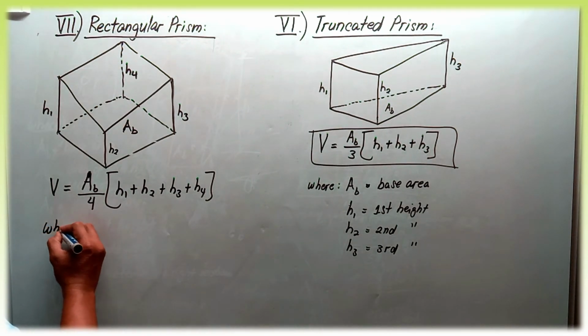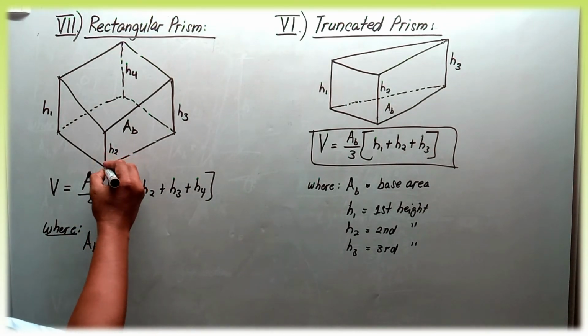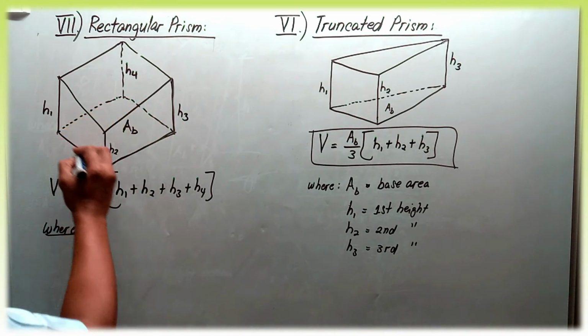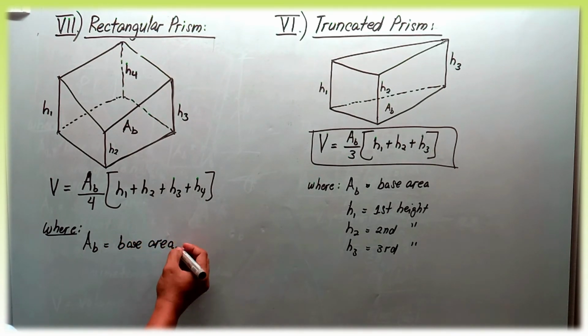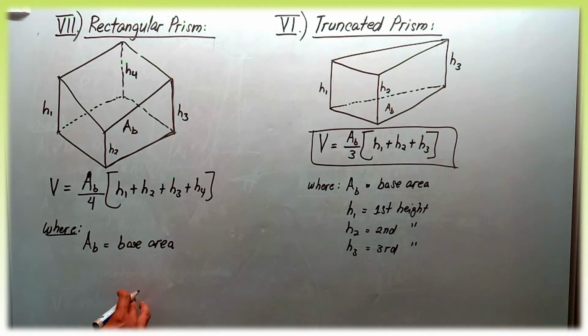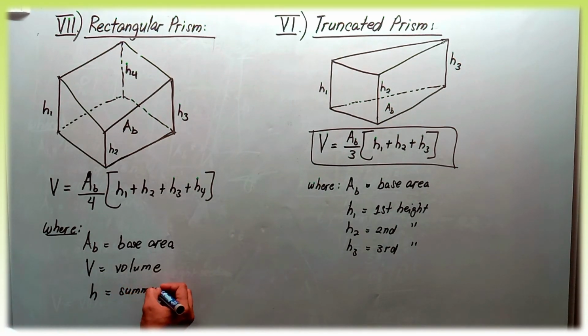Where, again, A_B is the base area, this one, and H1 to H4 are the heights, V is equal to the volume of the prism, H is equal to the summation of all the vertical heights.